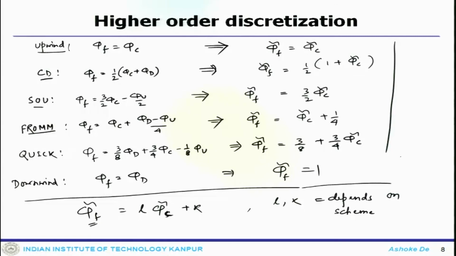So, we can look at this plot of phi f tilde versus phi c tilde, and all these functional relationships for different schemes will turn out to be straight lines, and the resultant plot can be denoted as the normalized variable diagram or NVD, on which the functional relationship of all these schemes can be plotted.